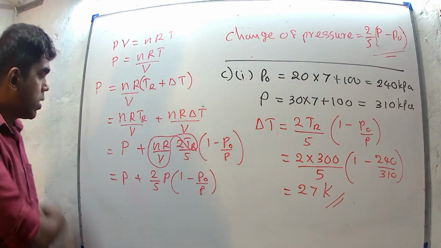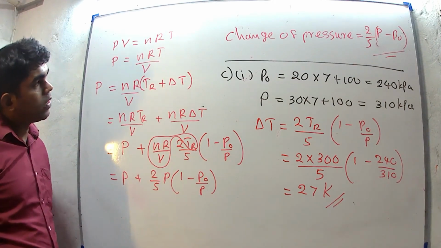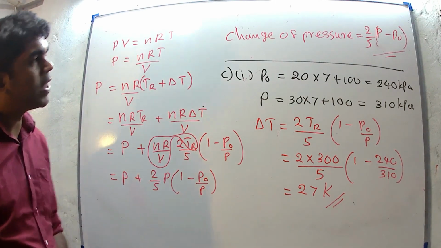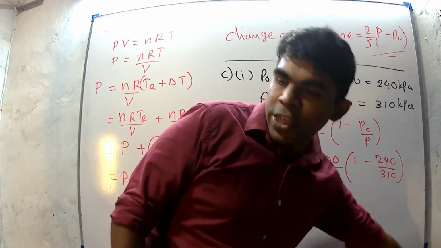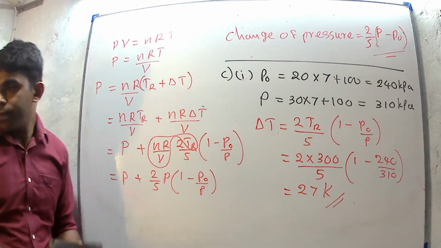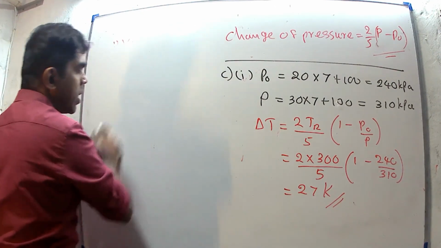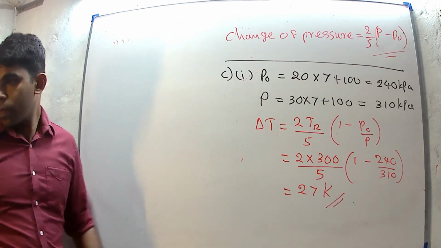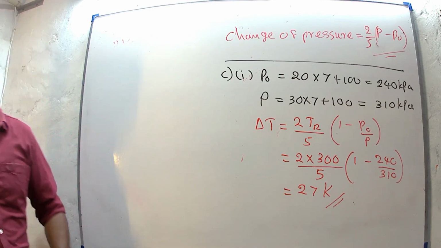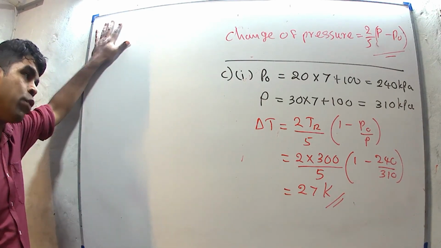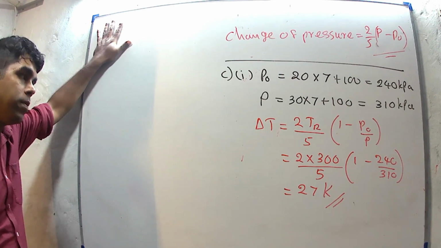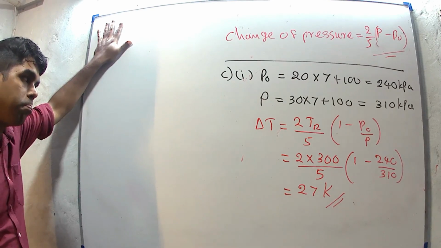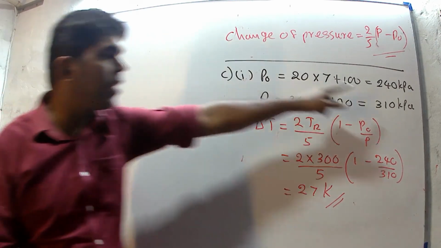We can use the pressure increment. Change of pressure is this one. Therefore, maximum pressure inside the tire. Initial pressure is the pressure of the tire after pumping nitrogen gas, which should be 310 kilopascal.